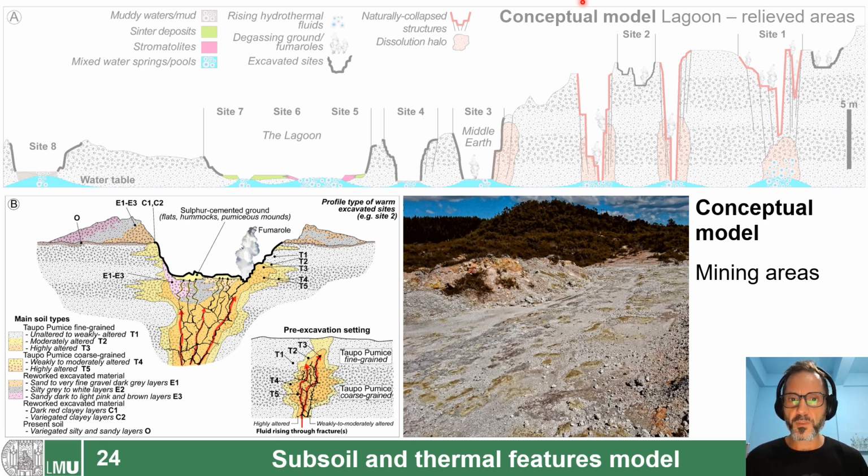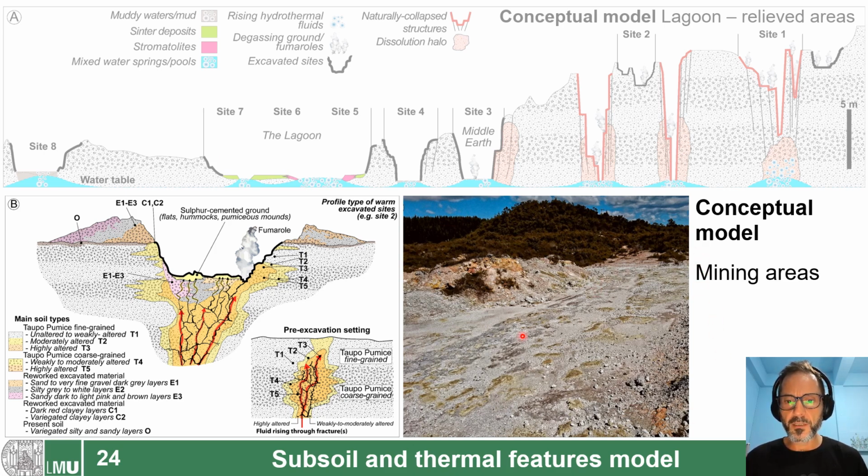This post-mining alteration allowed for the alteration at different stages of the Taupo in its different phases, from fine and coarse grain, and as well allowed for the alteration of the excavated material, which was also thrown on the side, and the formation of encrusted ground together with cemented grounds, which are frequently observed within the excavated area and outside of it in the pile materials in all the main domains. So this again is one example from domain one.